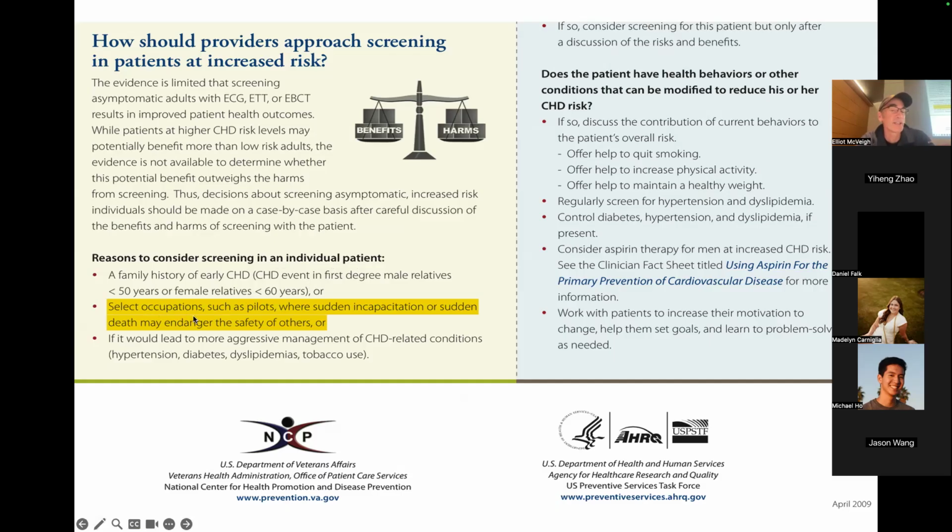It says select occupations, such as pilots, where sudden incapacitation or sudden death may endanger the safety of others. So you should screen those people. Why should you screen them? Because you will find disease in some people, right?